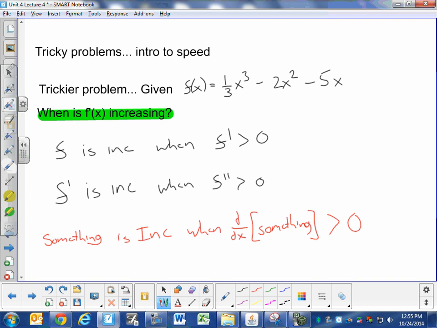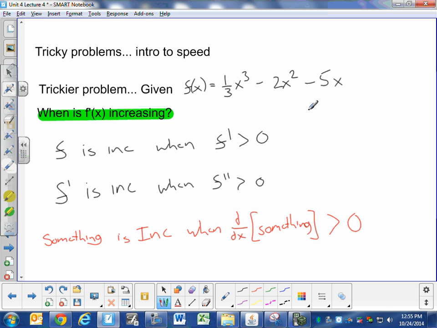If I'm wanting to look at when velocity is increasing, well, usually you don't say when velocity is increasing. We'll talk about speed, so let's not do that. Anyways, when a population or a change in a population is increasing, you look at the derivative of the change of the population and see when that's positive.